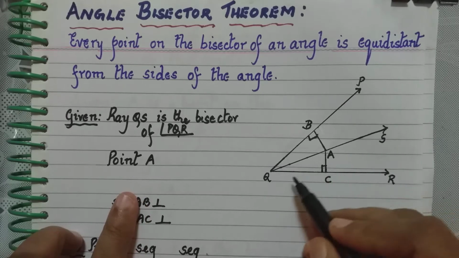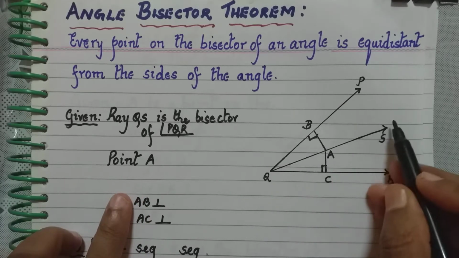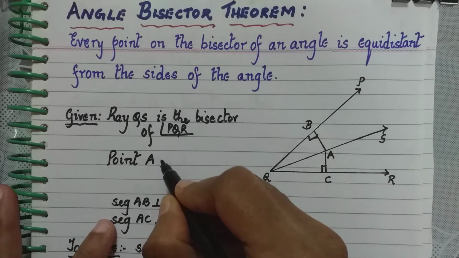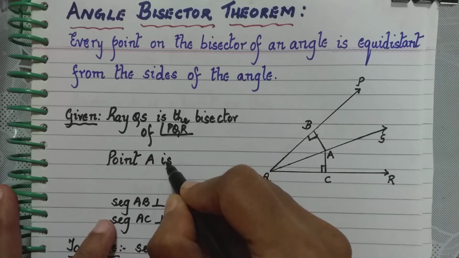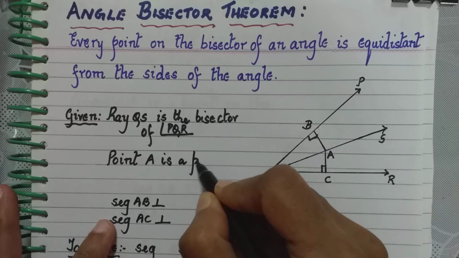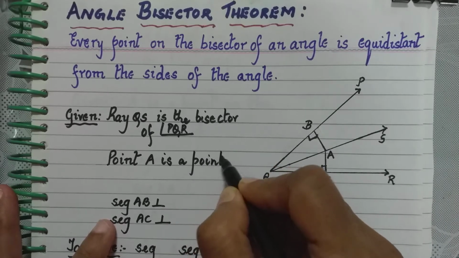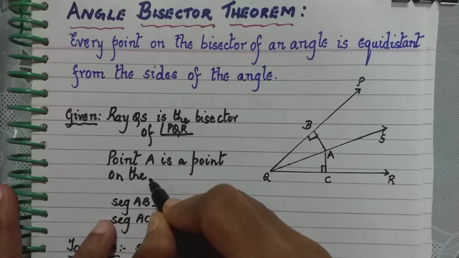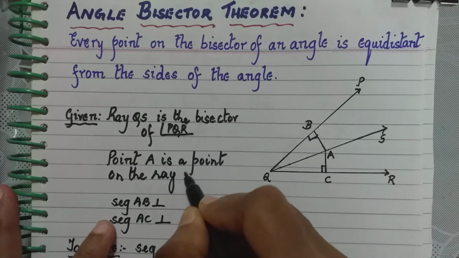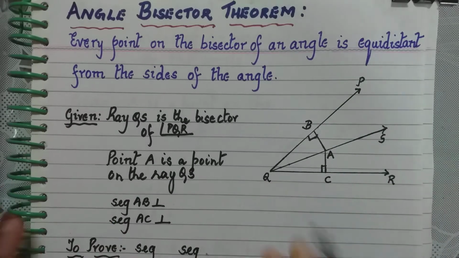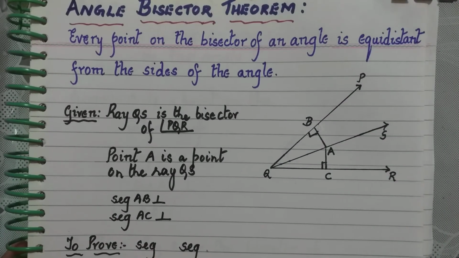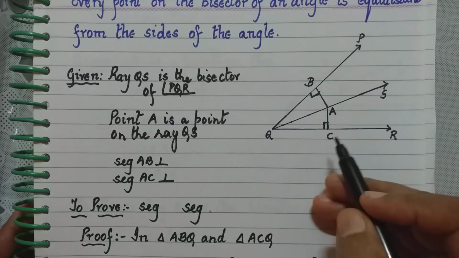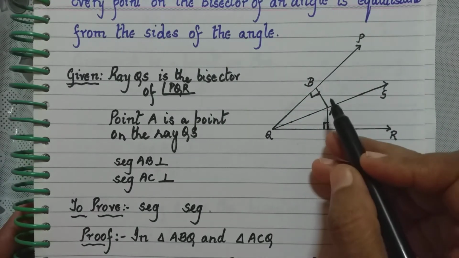Now what is this point A? Point A is nothing but a point on this ray QS. So point A is a point on the ray QS. Now we have segment AB and segment AC perpendicular.